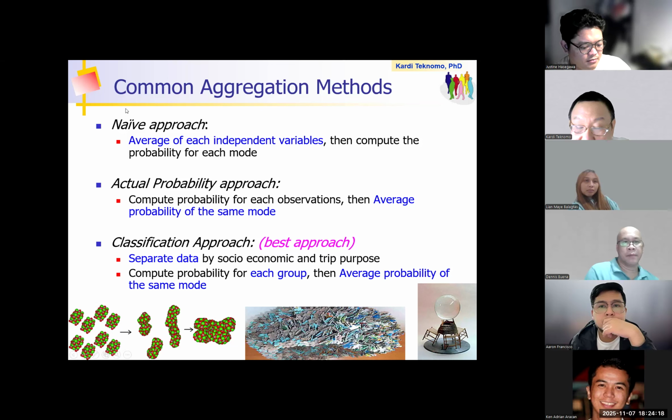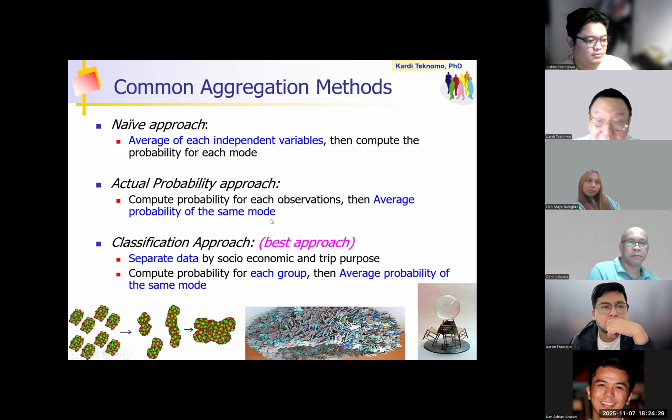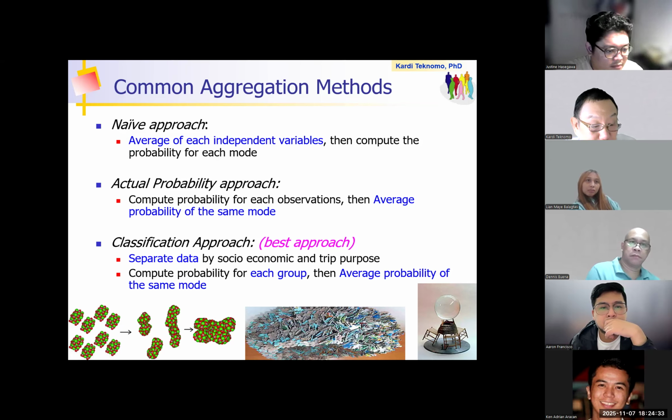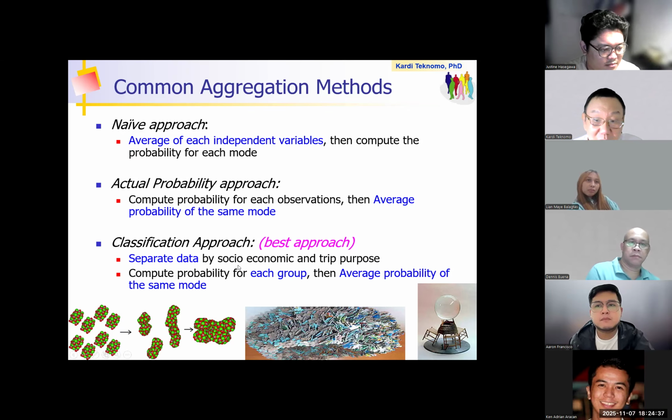Another way is you compute the probability for each observation, and then you average the probability of the same mode. Again, this is better, but still not good. So what to do? The best approach is you separate the data by each socioeconomic group and by trip purpose.